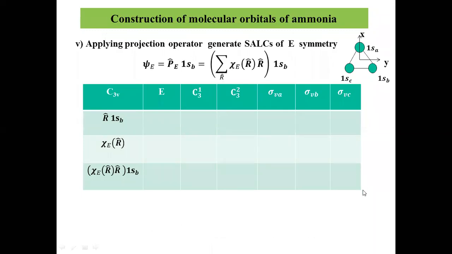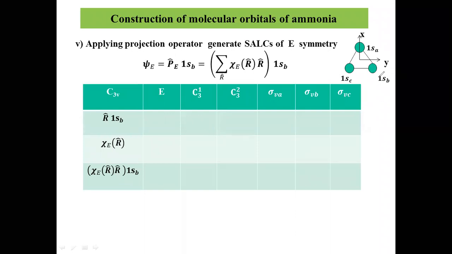Here I'm taking 1s B as the basis. This is of a doubly degenerate representation, of course, but I am taking the basis as 1s B.